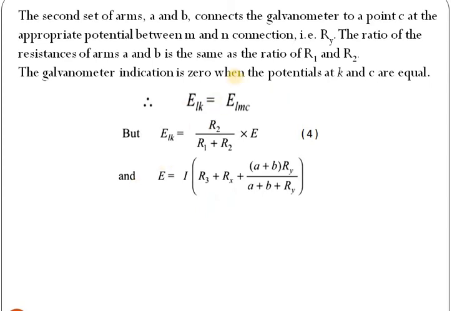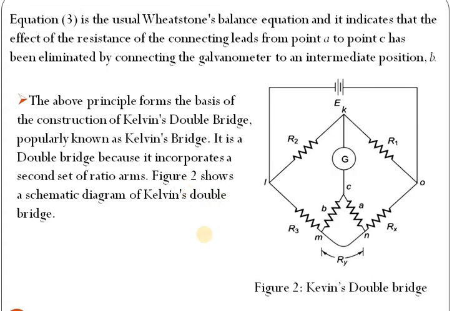So I is equal to I multiplied with R3, the resistor R3, and here the resistor Rx. Here A and B are in parallel to Ry.